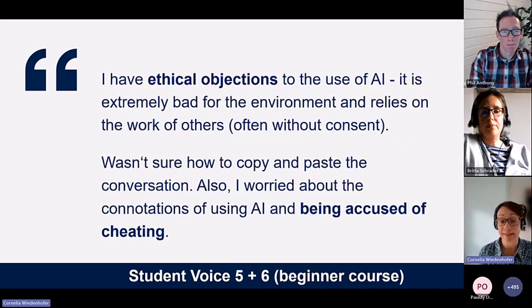And then students raised ethical objections or ethical questions, which just underscores the need to have two tasks, a non-AI task and an AI task. Or another student was worried about being accused of cheating. This just highlights there's a need for an open, ongoing dialogue on that topic.